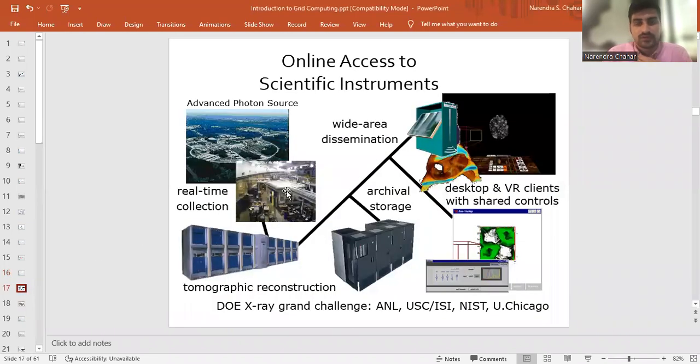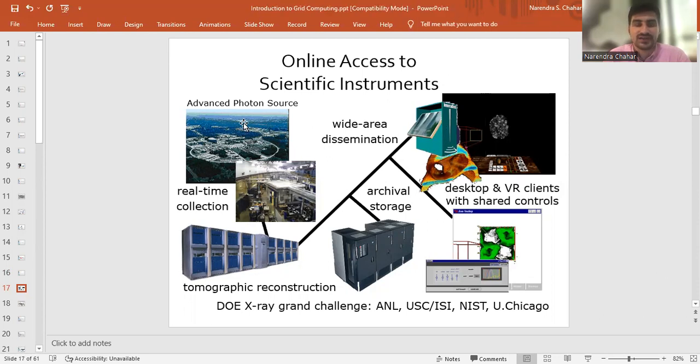Now, when we see online access to scientific instruments, there is the Advanced Photon Source, with real-time collection, tomographic reconstruction, and archived storage. It runs on software or a desktop with VR client and shared controls, and a wide area connection.